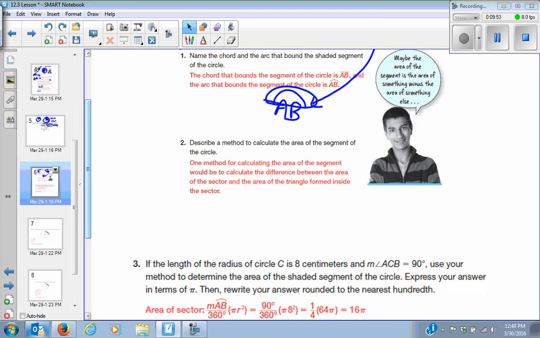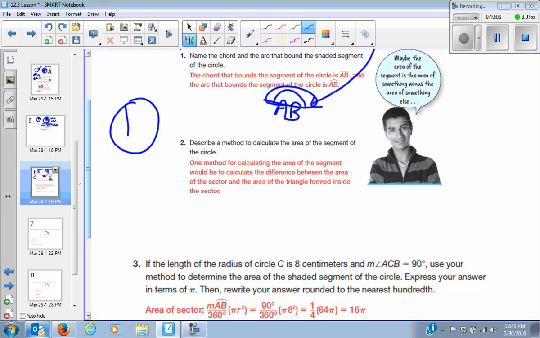Describe the method to calculate the area of this. One method for calculating the area of the segment would be to calculate the difference between the area of the sector and the area of the triangle it forms. So here's what that is saying. You've got a circle. This is the sector. Here we have the segment. You see this triangle is being formed.